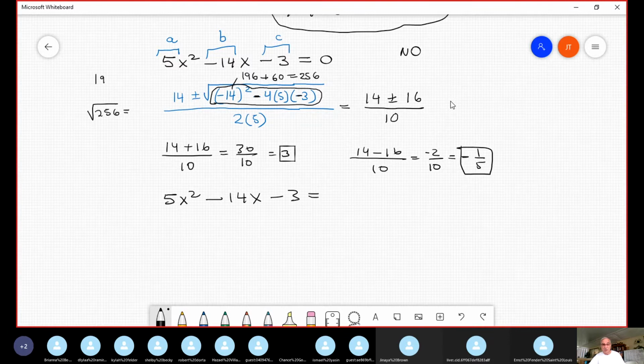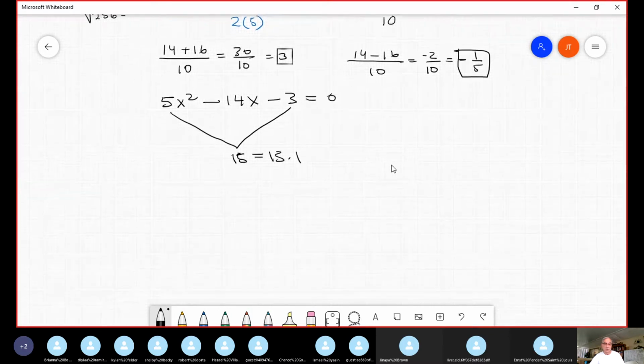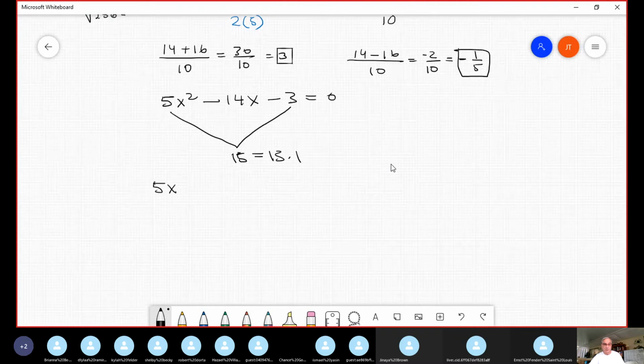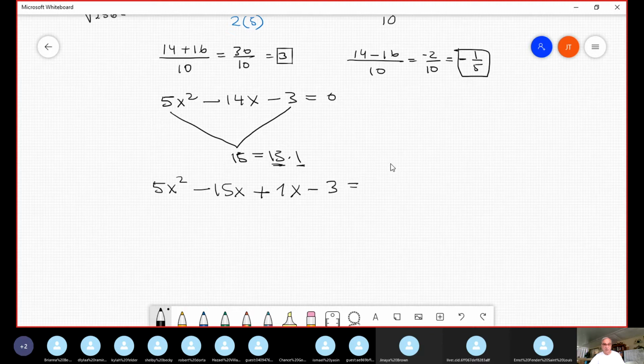Remember, it's a special trinomial. You multiply that number and that number to get 15, and the combination is 15 and 1, because 15 times 1 is 15, and 15 minus 1 is 14. So you write this trinomial as a polynomial with 15x and 1x, and apply factorization by grouping.